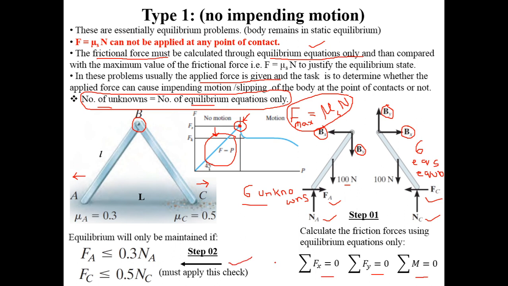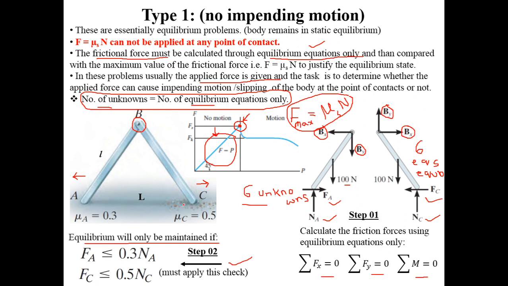This is a must condition for type 1 problem. Without applying this step, your solution will be incomplete. So you notice that in type 1 problem, equilibrium will only be maintained if these inequalities are satisfied.